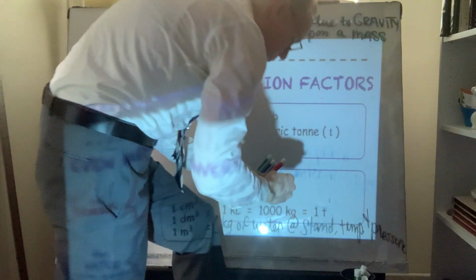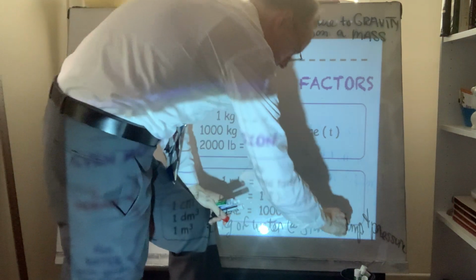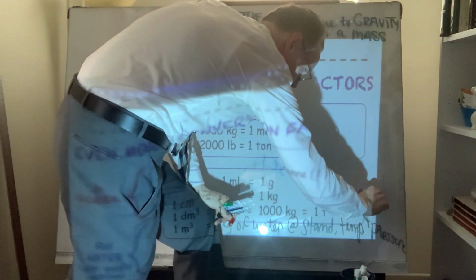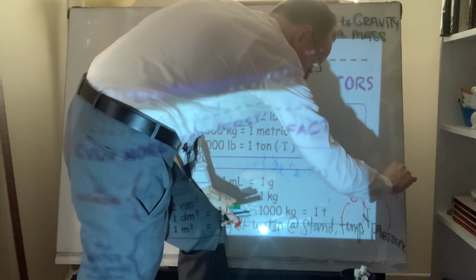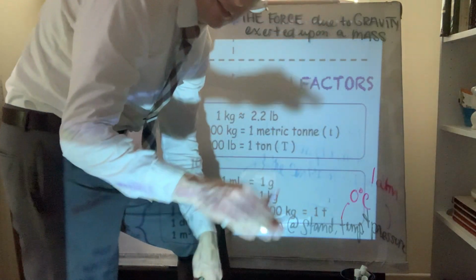Now, I believe, don't quote me on this, but I want to say standard temperature is 0 degrees Celsius. You really don't have to worry about it. Standard pressure is 1 atmosphere, which is the pressure outside at sea level.